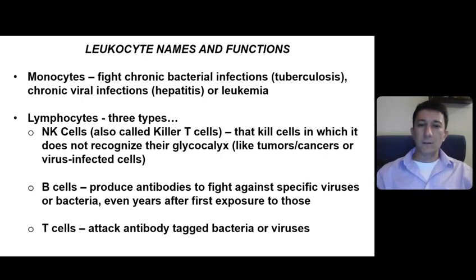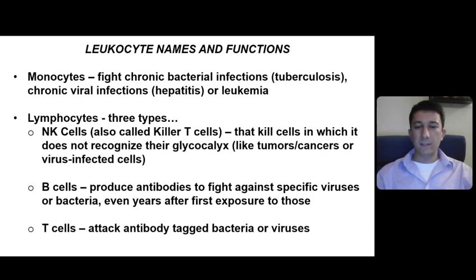We also have B cells, which you can think B as an antibody. So B cells produce antibodies to fight against very specific types of viruses or bacteria, even years after first exposure to those viruses or bacteria. So these are the cells that are producing the antibodies that help us in our kind of long-term resistance to certain types of infections.